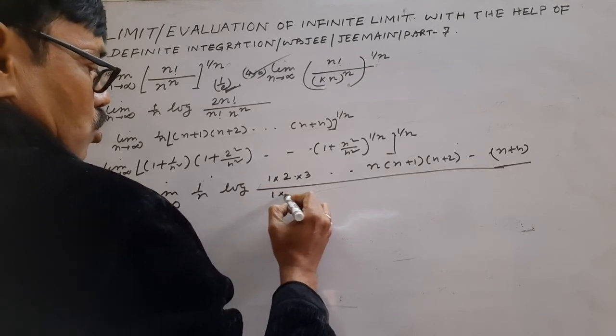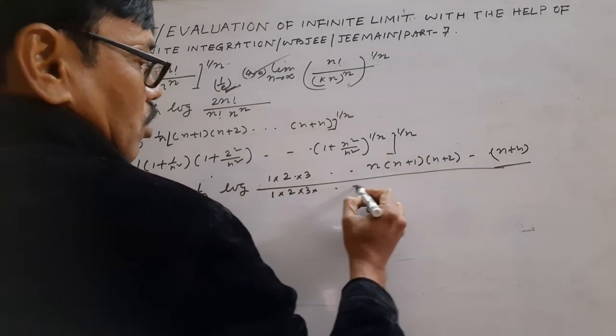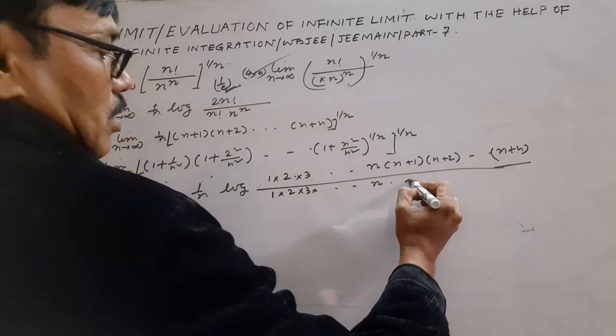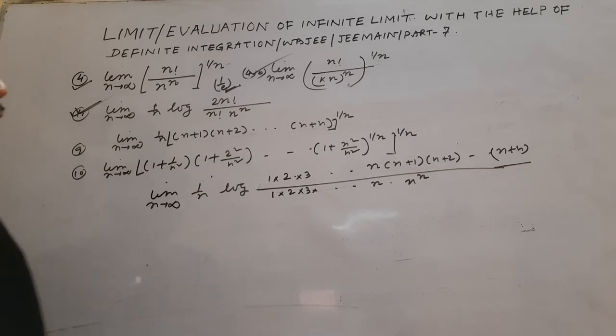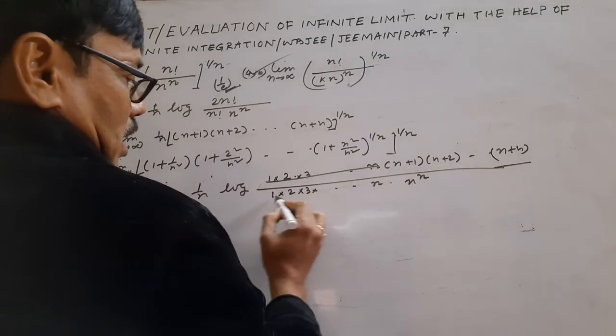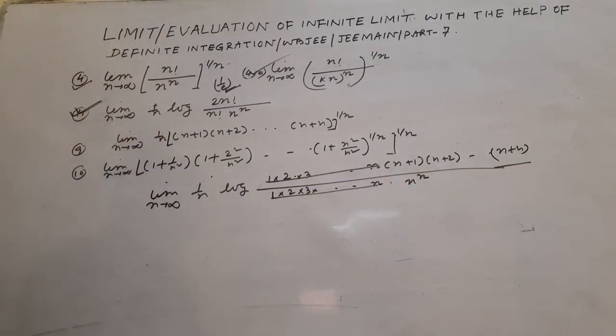So 1, 2, 3 up to n is factorial n, and this is n to the power n. So up to n it cancels out.